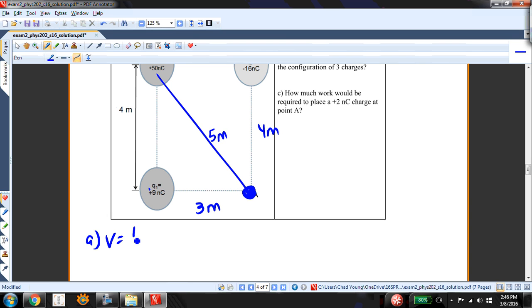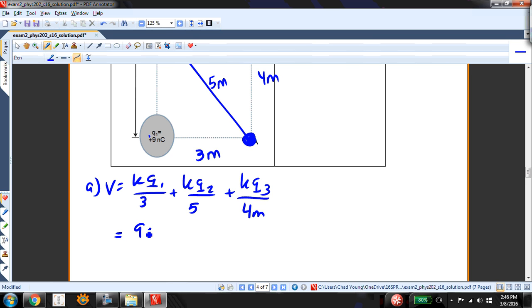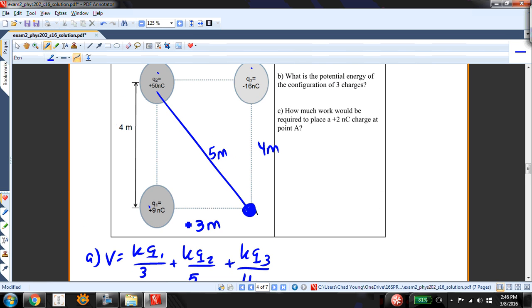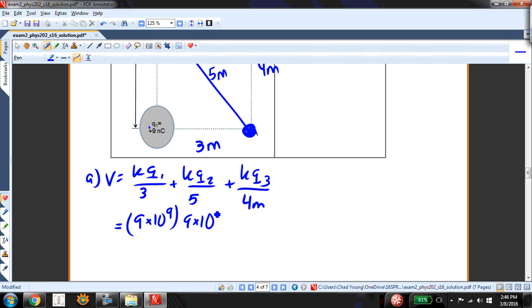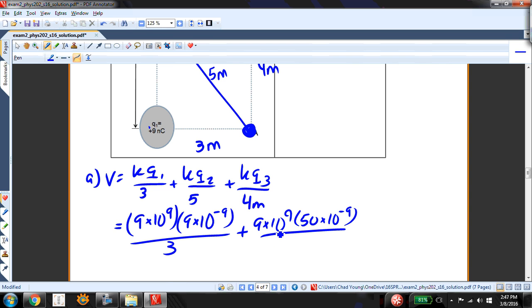So for part A, I'll have V is equal to k Q1 over 3 plus k Q2 over 5 plus k Q3 over 4 meters. 9 times 10 to the 9th times 3, excuse me, being careful here that this is a negative value. That charge carries a negative potential, divided by 4.